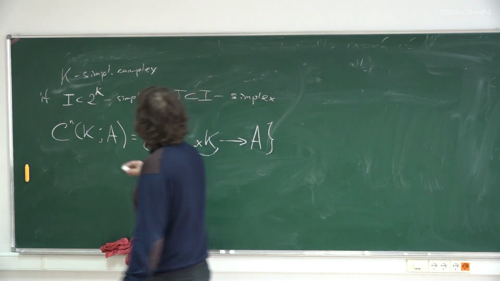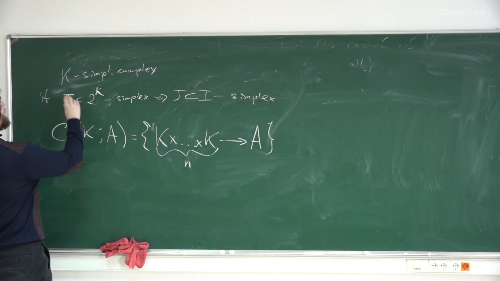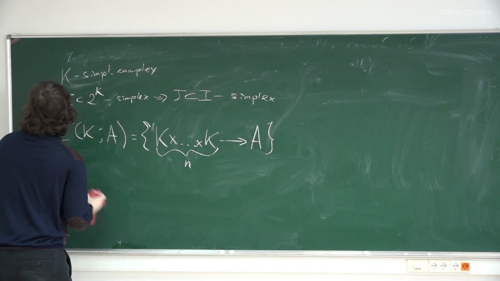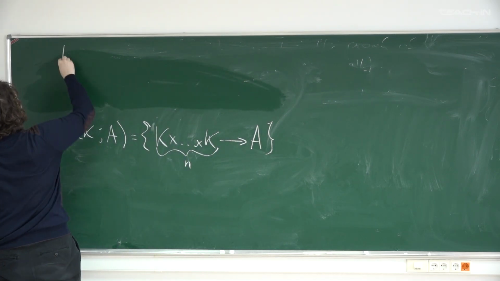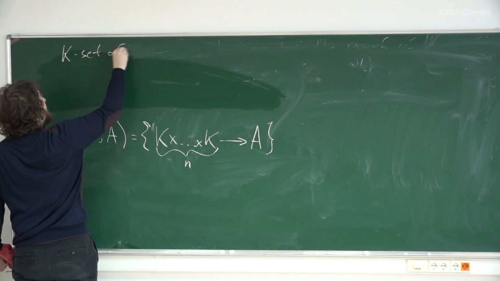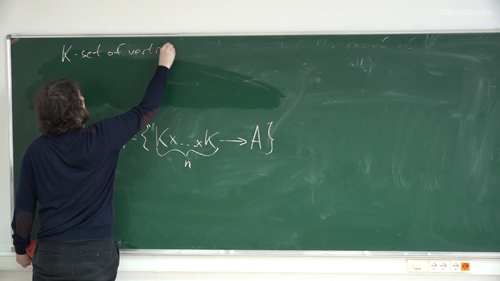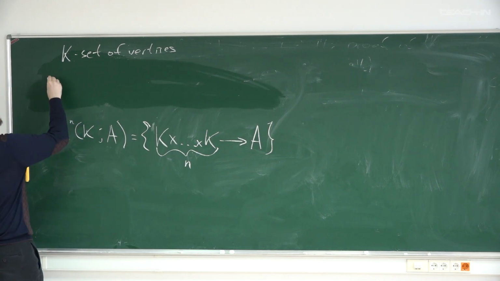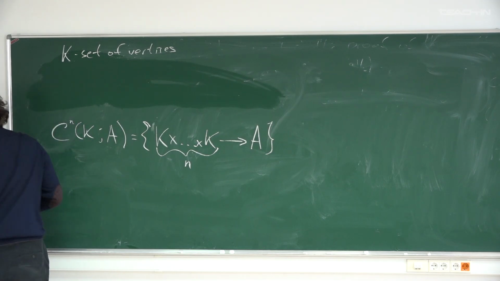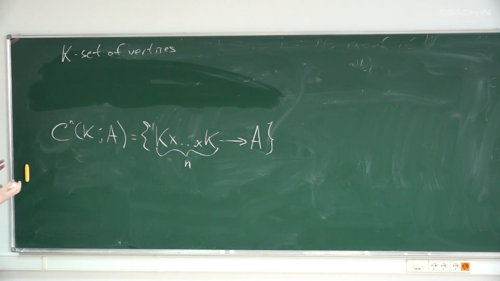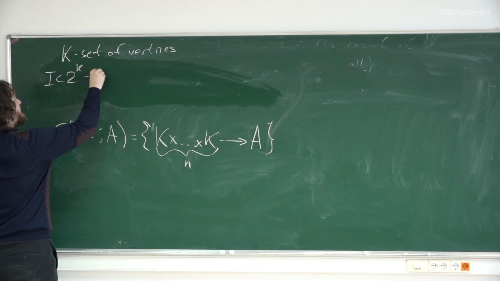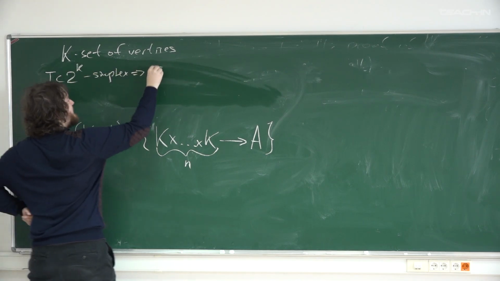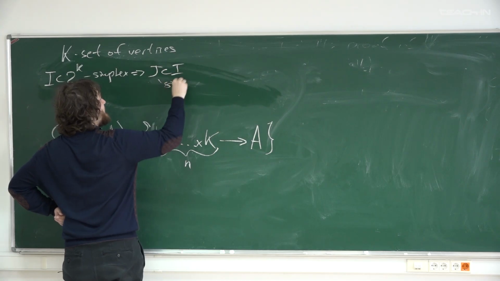Let me formalize the definition again. If K is a set of vertices, then we say that this set of vertices has the structure of a simplicial complex if we distinguish some subsets with this property: a subset of a simplex is a simplex.